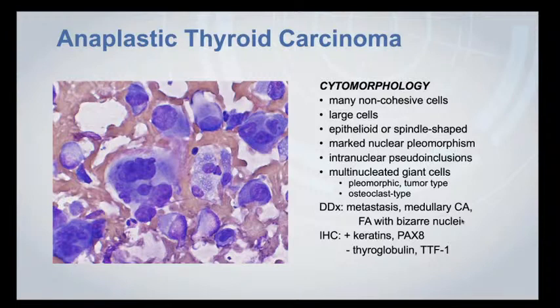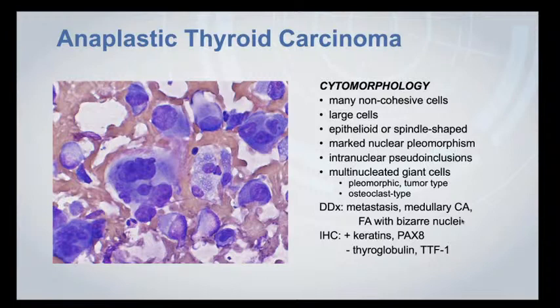And that's the follicular adenoma and the adenomatoid nodule with bizarre nuclei. Those bizarre nuclei can look pretty much like what you're seeing in anaplastic carcinoma. However, they typically still retain some degree of microfollicle architecture, and that might be the only clue that you're dealing with the follicular adenoma with bizarre nuclei rather than an anaplastic carcinoma.